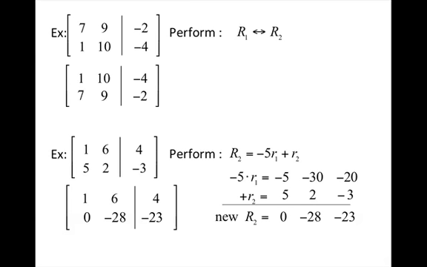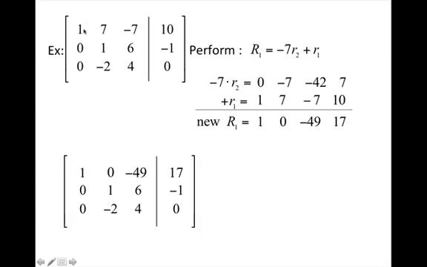Look at the last example. My first column has the 1, 0, 0 that I needed. My second column has the 1 in the middle, and then I would need the 7 and the -2 to both become zeros. Well, let's start with the 7. This is like having a 7y and a 1y.